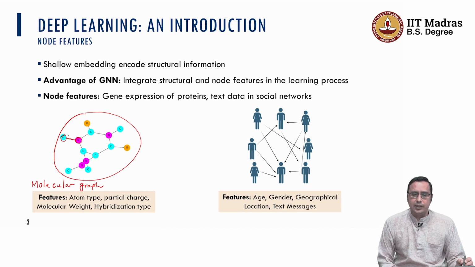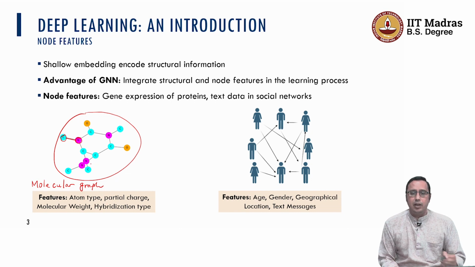However, you can realize here that each of these different colors indicates a different atom, and each of these atoms has its own characteristics. For example, carbon has a lot of different characteristics such as atomic number, charge, hybridization type.